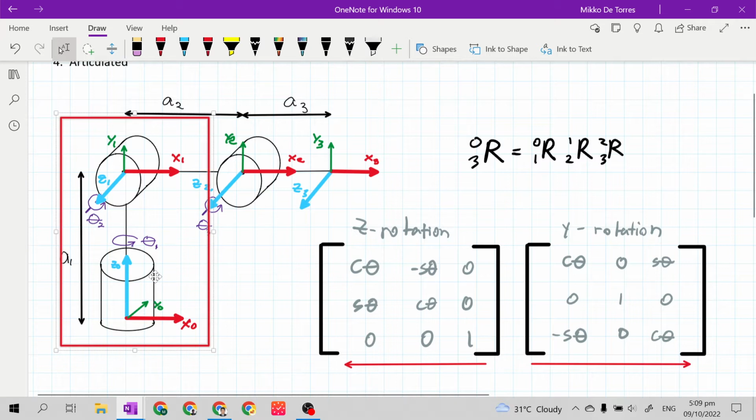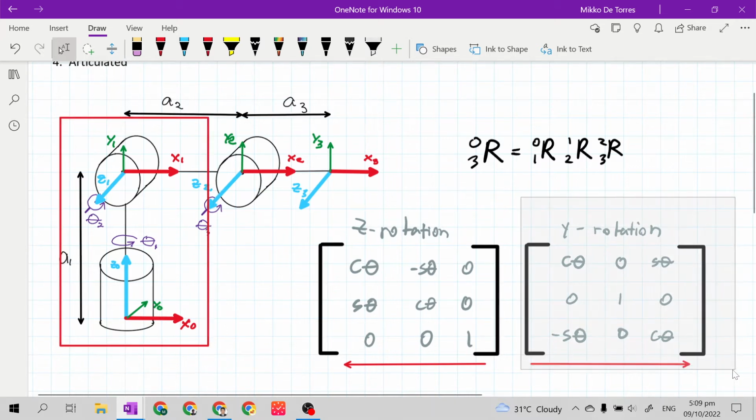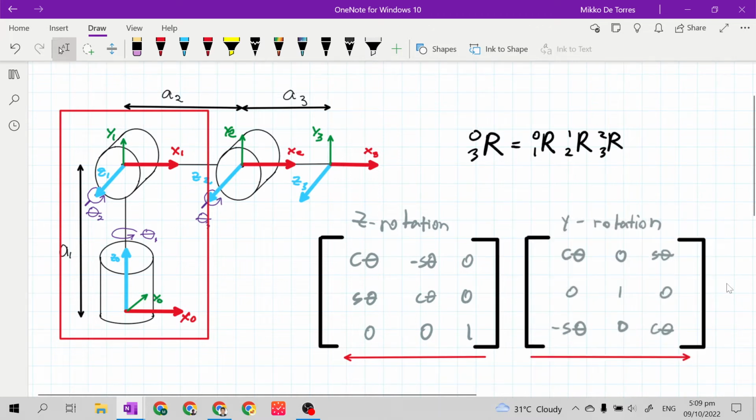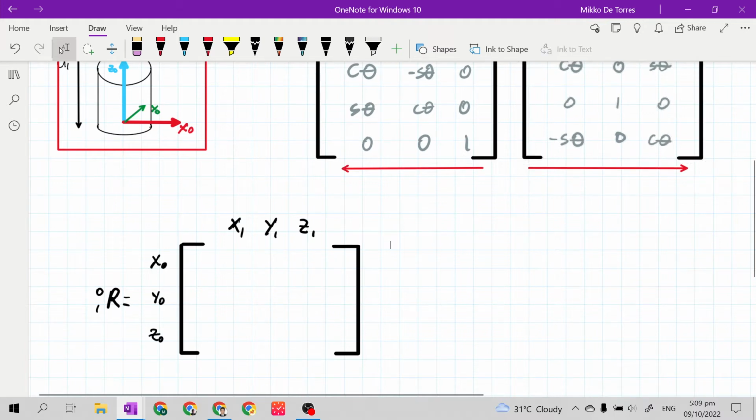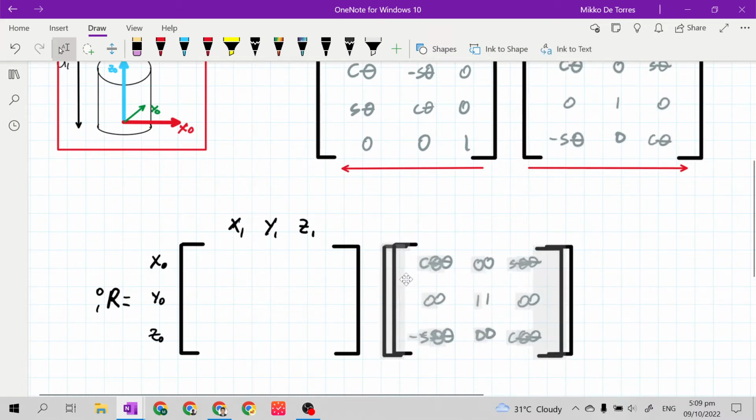So I will choose among these two the y rotation. If you choose z rotation, you must multiply it at the left side of the stationary matrix.